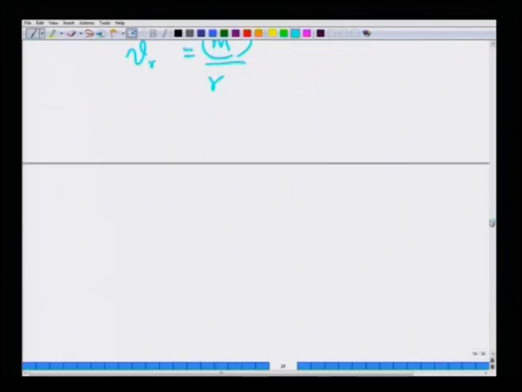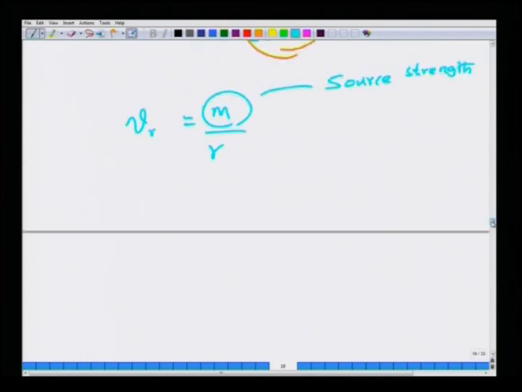We want to find, for this line source of flow, what the velocity potential and the stream function are. V r in cylindrical coordinates is simply partial phi by partial r, and V theta is 1 over r partial phi by partial theta.